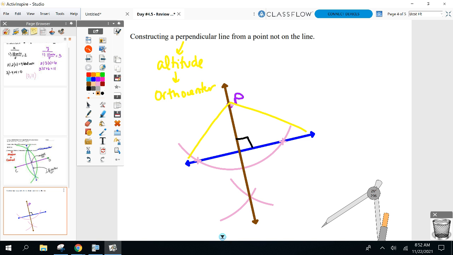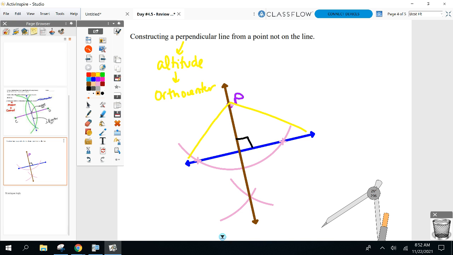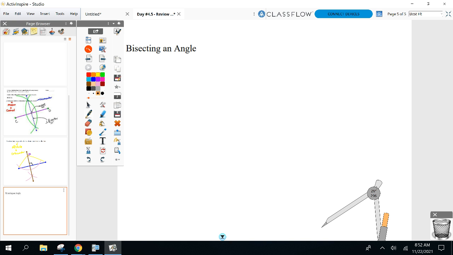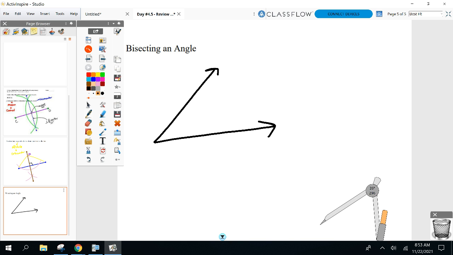And then the last one I want to review with you is a real quick one, angle bisector. Go ahead, just make yourself freehand an angle. Just review angle bisector.